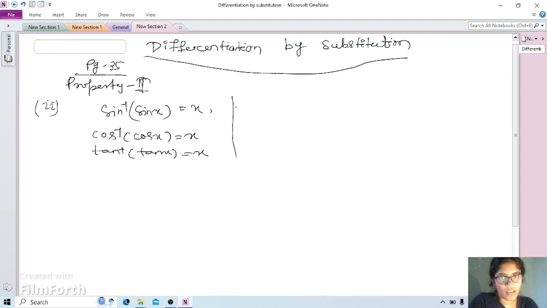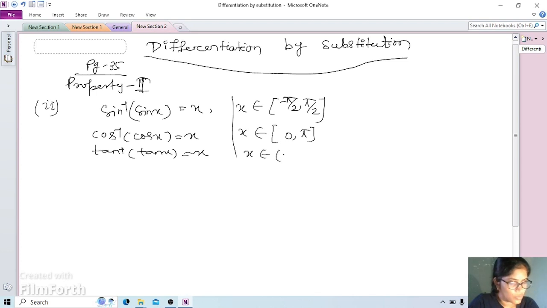Inverse means an angle, so for sin inverse x belongs to minus pi by 2 to pi by 2, from the minimum to the maximum value. For cos inverse, x belongs to 0 to pi. For tan inverse, x belongs to minus pi by 2 to pi by 2. Then cot inverse cot x is also x, and x belongs to 0 to pi.